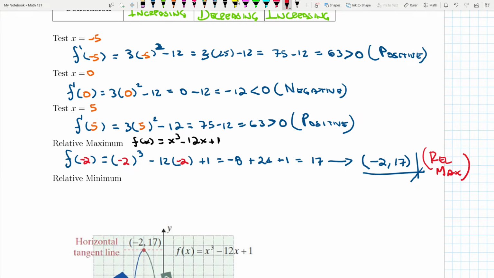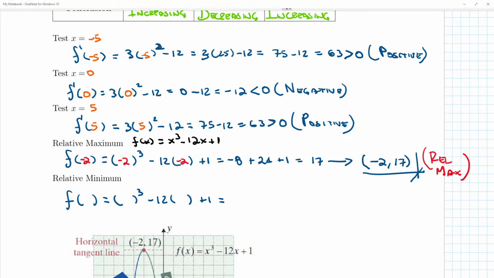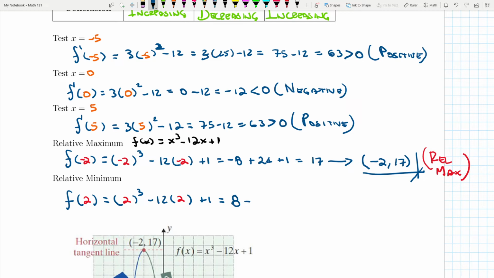So f, the original function, evaluated at +2: that's 2 cubed minus 12 times 2 plus 1. Okay, let's plug in the value of 2. That's going to give us 2 cubed, which is 8, minus 12 times 2, which is 24, plus 1. In this case, 8 minus 24 is negative 16.